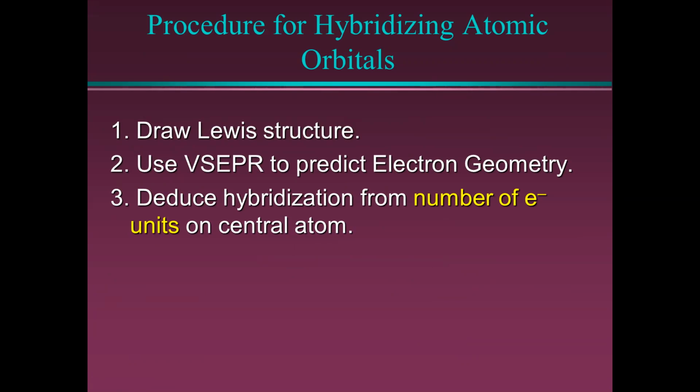First, we draw a Lewis structure as we learned, and then we use VSEPR theory. We did a lot of practice to predict the electron geometry, for example linear, trigonal planar, tetrahedral. And then we deduce the hybridization type from the number of electron units on the center atom.